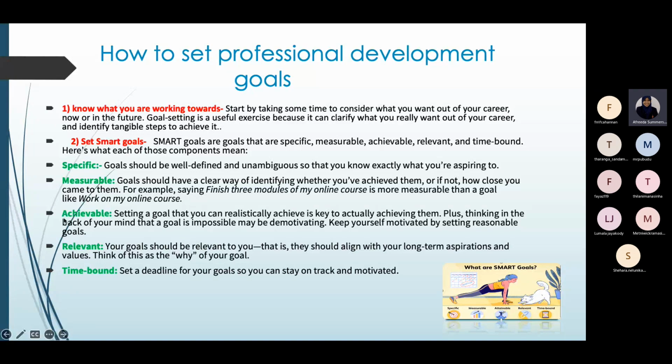Achievable. By having your own fundraising, you were able to help 50 pregnant women achieve this without any iron deficiency problem, right? Relevant. How can it be relevant? Your goal should be relevant, for example, to all pregnant women. Time bound: in the first trimester. This is just an example.